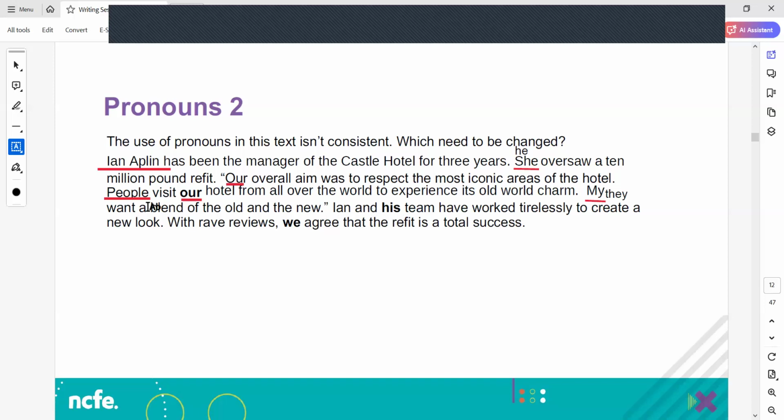Ian and his team, is his correct? Yeah. So these are all the pronouns. To create a new look. With rave reviews, we agree. So this is the writer now. That refit is a total success. I agree. So it could be correct, if it's all of them that agreed.